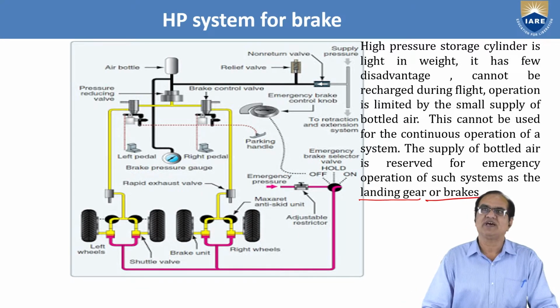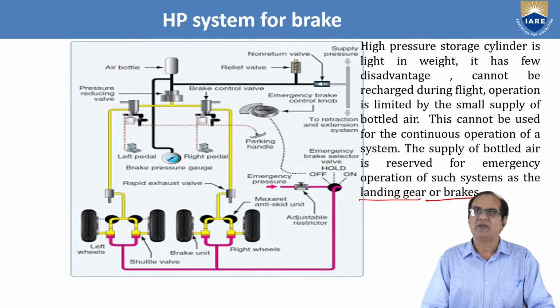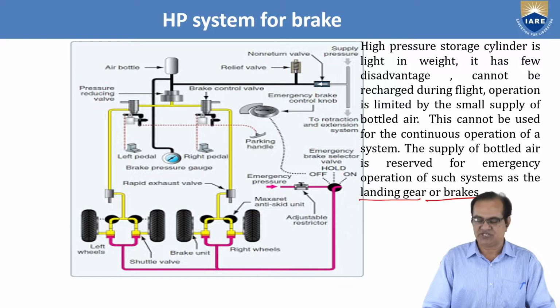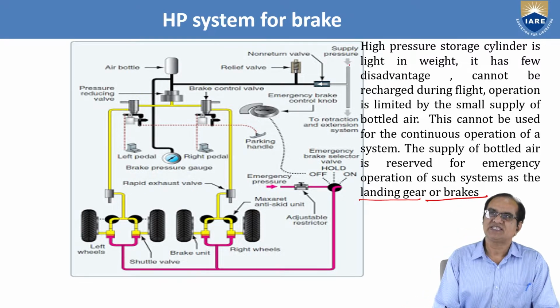So here I am showing the one brake system of the aircraft, and this by the help of pneumatic system. So here we can see here the supply pressure. This supply pressure is given by the ground trolley, ground generator, where this high pressure air is generated. This goes to the non-return valve or the one-way valve. From here it goes to the relief valve.